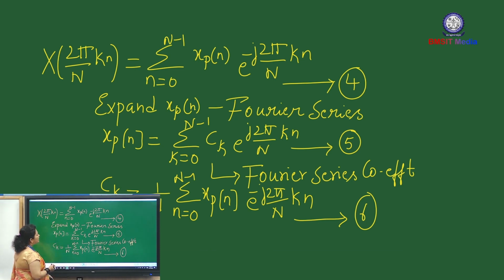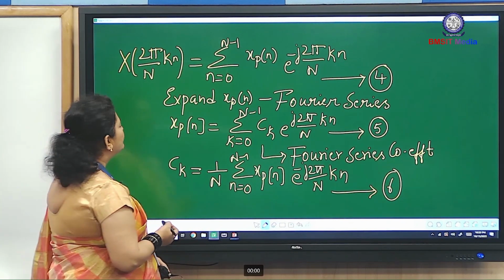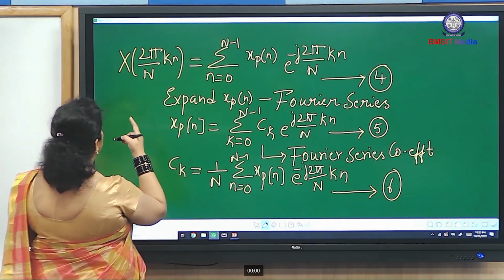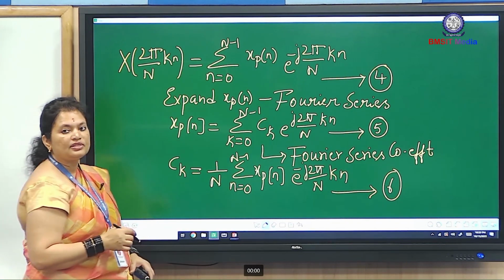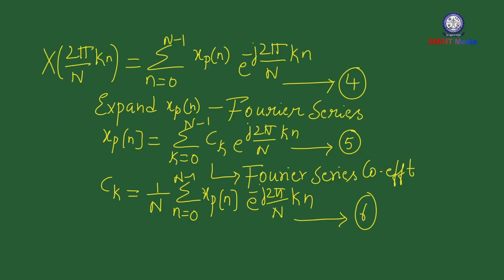Okay, so comparing equation 4 and 6, we will get X of 2 pi by N k equal to N into ck. So let us do that. All this we are doing to understand frequency domain sampling and reconstruction of the time domain sequence.